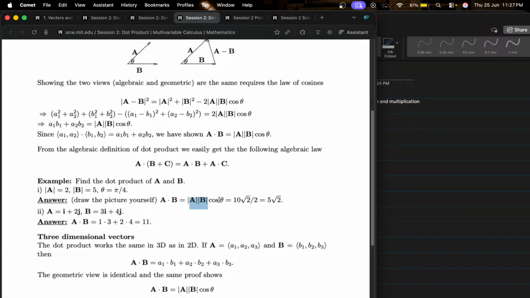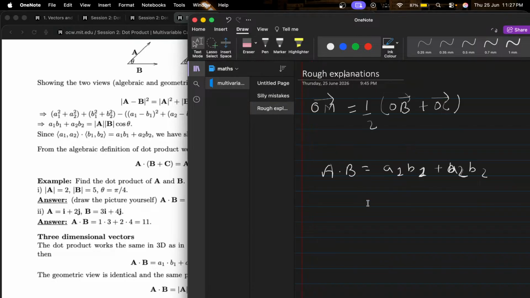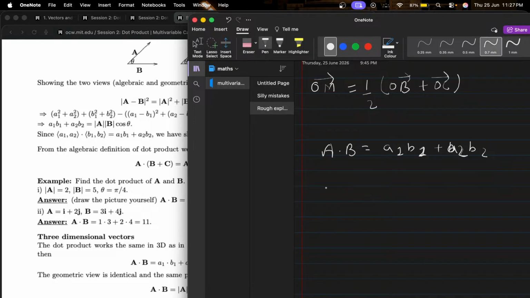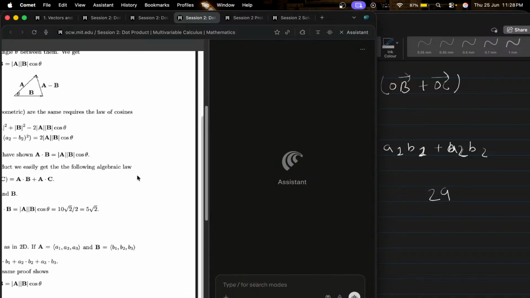Okay, I have to see how it came out. It's 10 root 2 by 2. How did it come out to be 10 root 2? Let me just see. If we take 25, 29, and 29 is prime now, I think 29 is prime. How did it come out to be this number? I'm not sure.